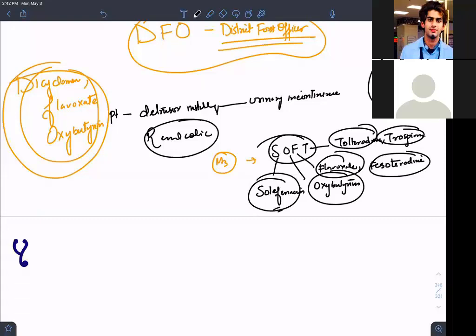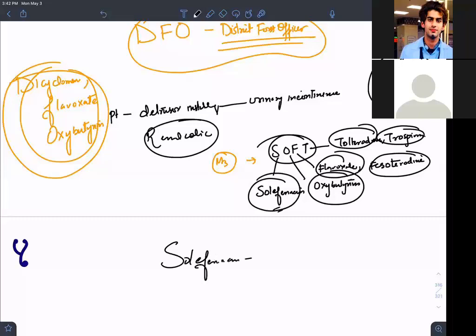But who is selective M3? Selective M3 of them is SOFT. What about flavoxate, oxybutynin? We are not talking about selectivity for them. In this case, we're talking about selectivity, which we call vesicoselective. Who is vesicoselective? Solifenacin.